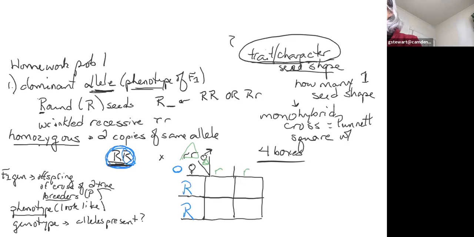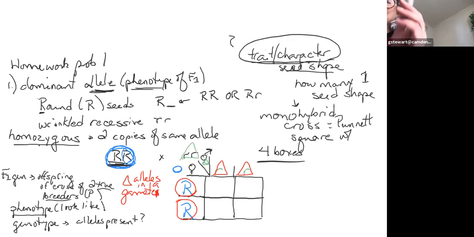I think we highlighted this 2 weeks ago when we last had this conversation, as a reminder that these here, with circles around these and triangles around these, are gametes. These are the alleles in a gamete.